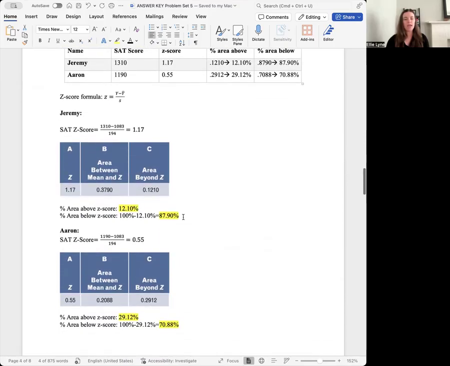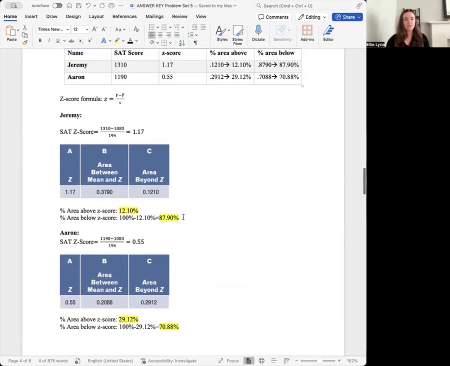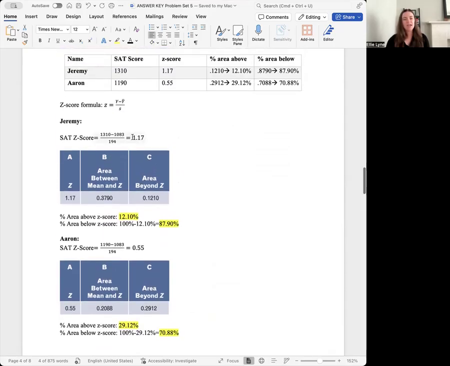So I'll go ahead and plug those in right here to get a z-score of 1.17. Let's go ahead and do that for Aaron as well, as long as we're here, because we know these values aren't changing. His SAT score was an 1190, so we plug those in to get a z-score of 0.55.